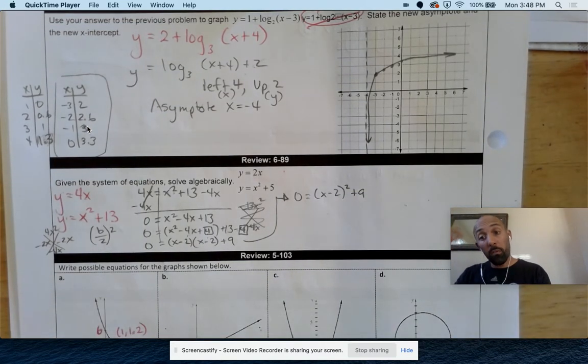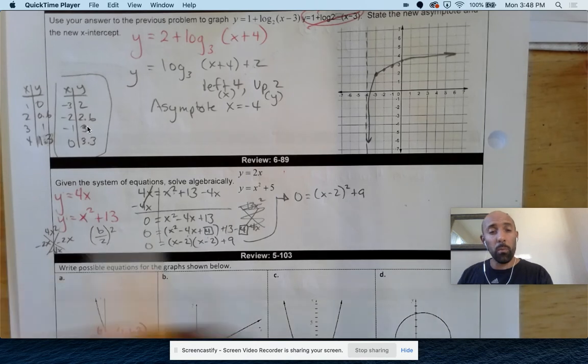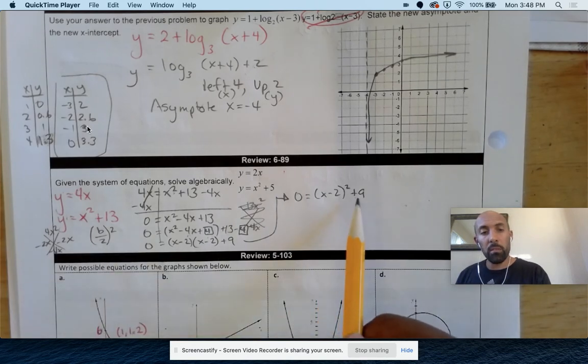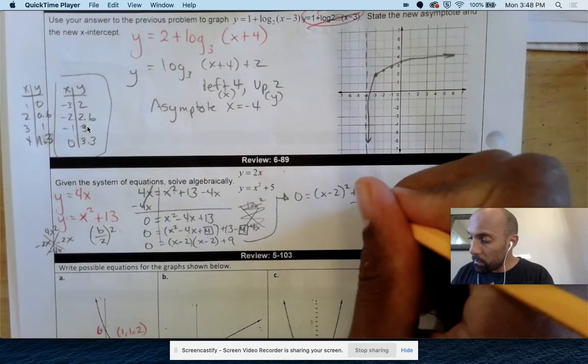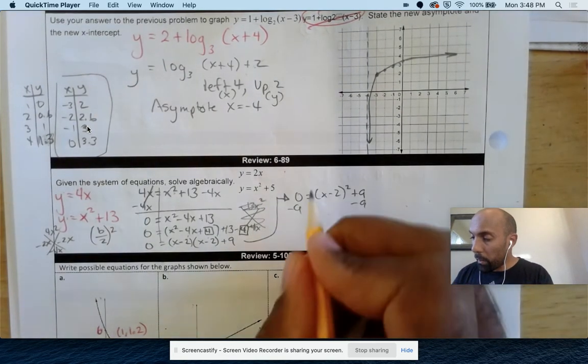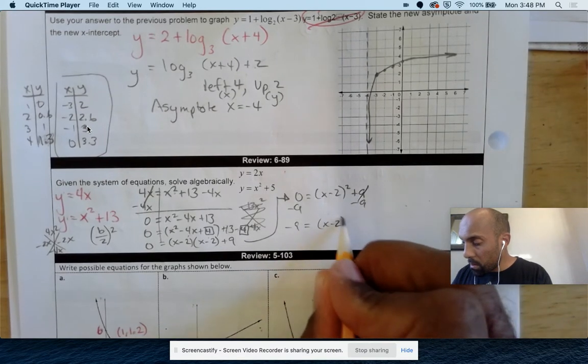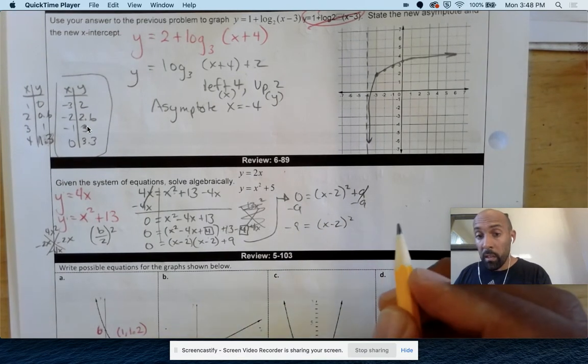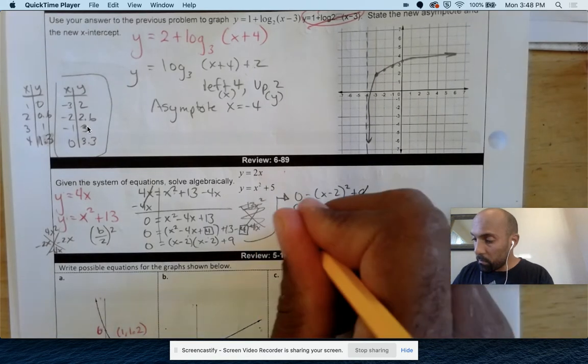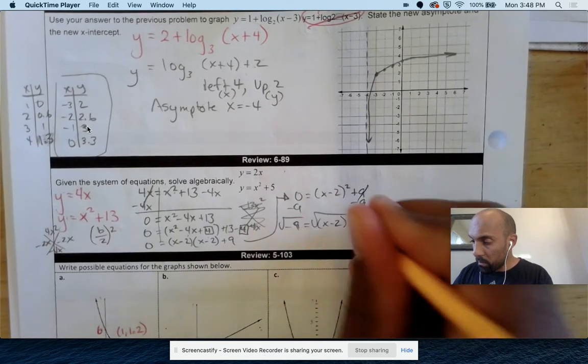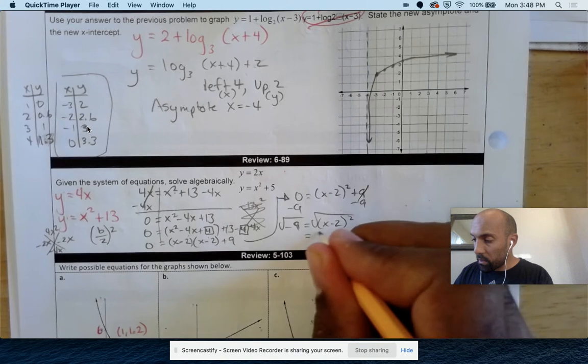All right. So that's graphing form, but that doesn't really help us solve for x, right? So what we're doing now is I'm going to subtract 9 from here. Normally with this type of equation, we'd square root both sides, because that cancels out the square.